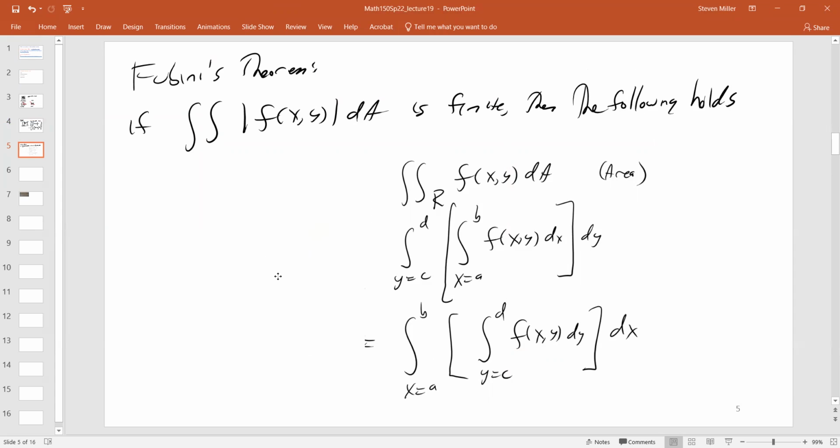So if the absolute value is finite, then we can switch the order in which we do this.